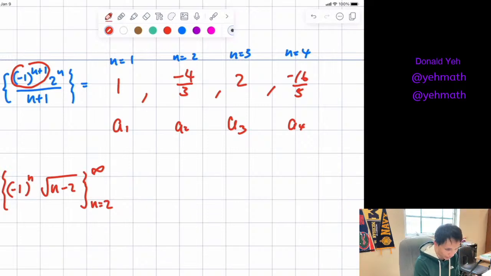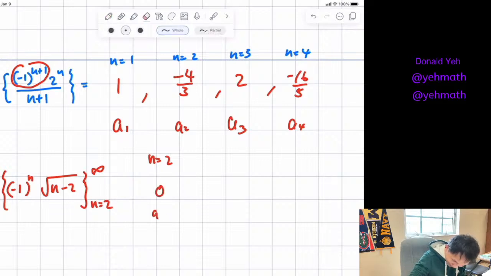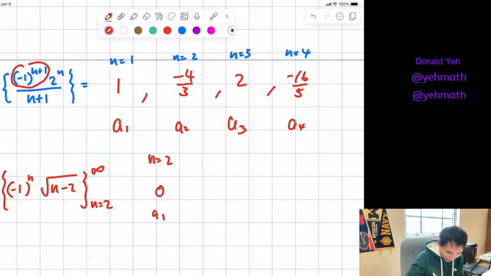So what will be the second term? 0? Good job, Emil. Okay, so what is n equal to 3? Negative 1.